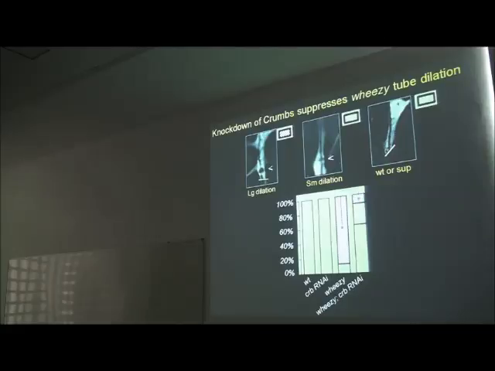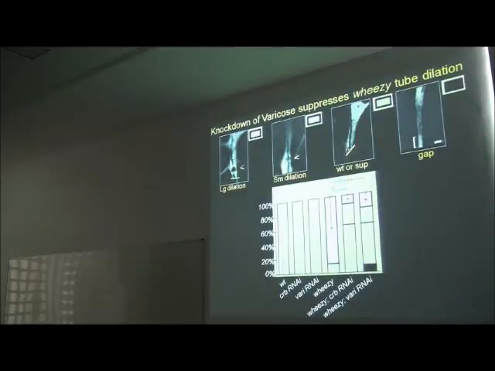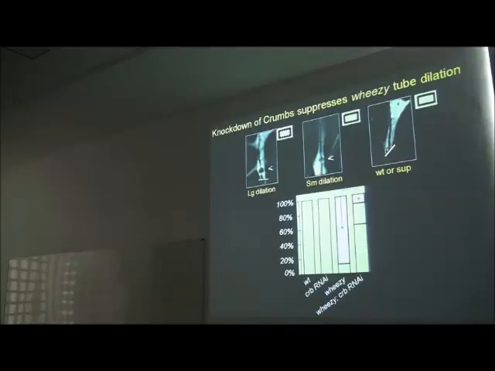Nevertheless, it seems that crumbs is essential for producing these large local dilations, because if we knock crumbs down by RNAi, we shift from seeing about 80% large dilations and 20% small dilations to getting 60% of the cells having no visible dilation.